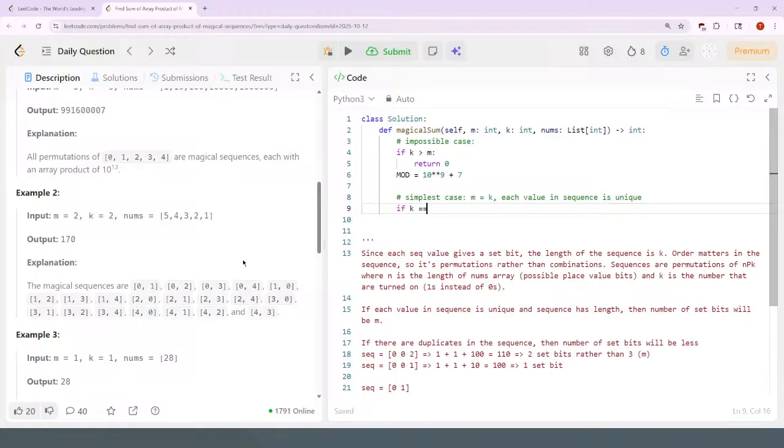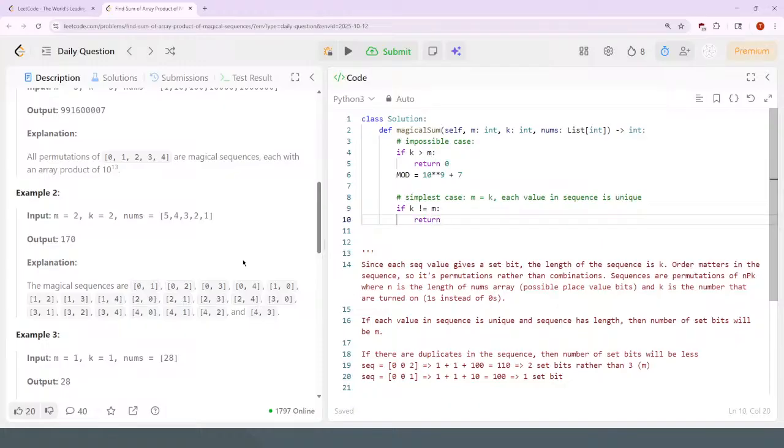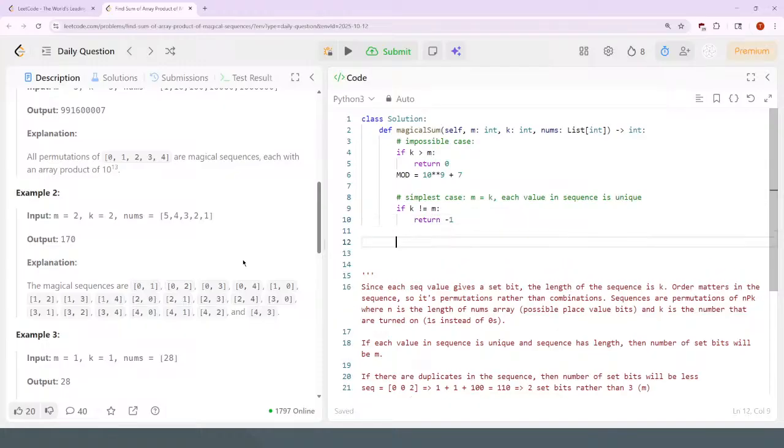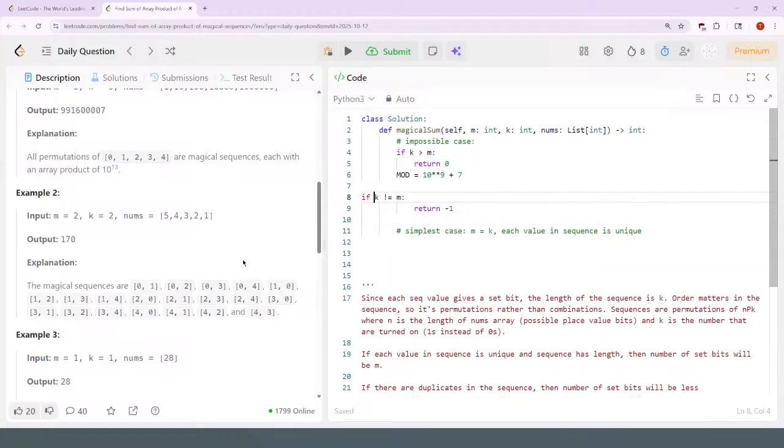Let's say k not equal to m, return -1 for the time being. Okay. So if k equals m, then I'm going to do the permutations. Every possible permutation of n choose k or n choose m, which is identical.